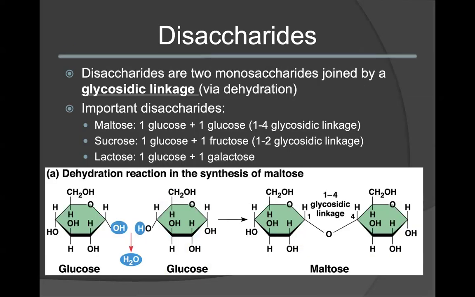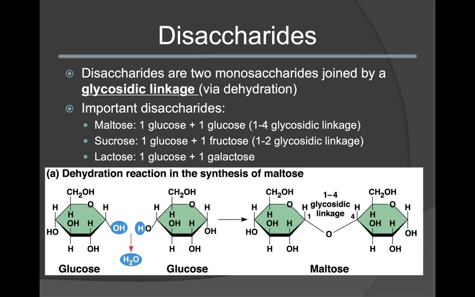Disaccharides are 2 sugars that are joined together by what we call a glycosidic linkage. So considering the sugars as your biological macromolecule, the important linkage in that structure would be the glycosidic linkage. This linkage is produced by a dehydration reaction.